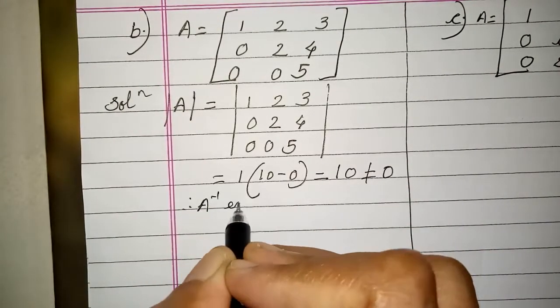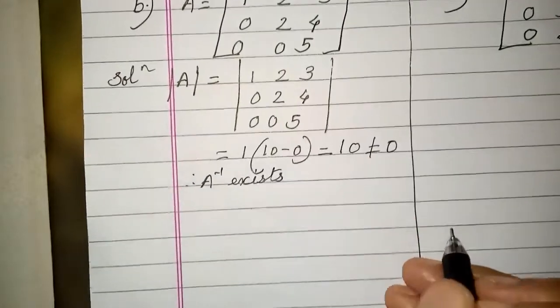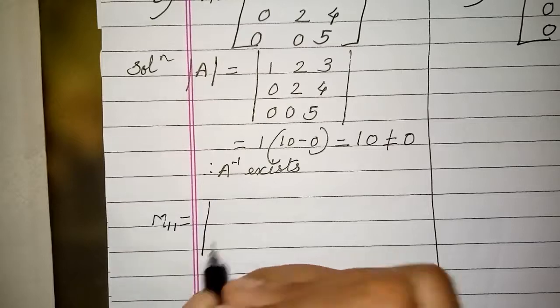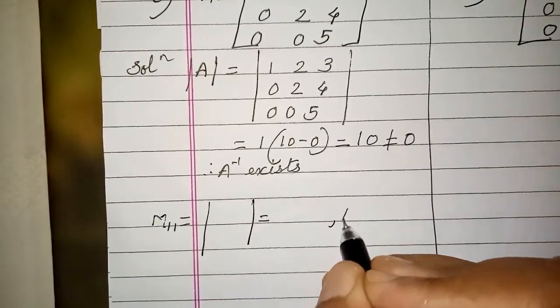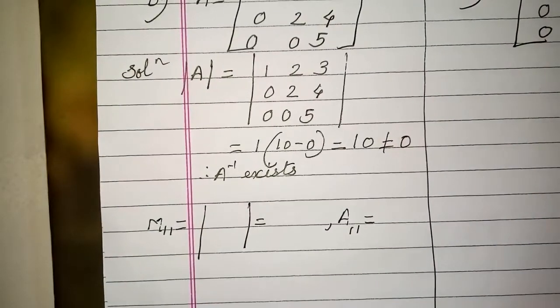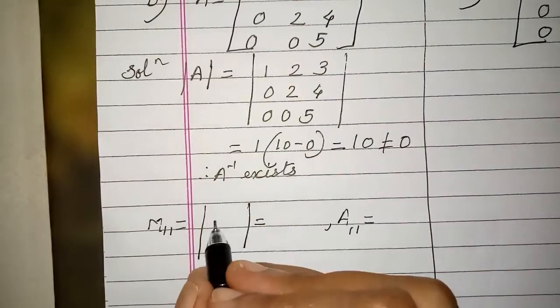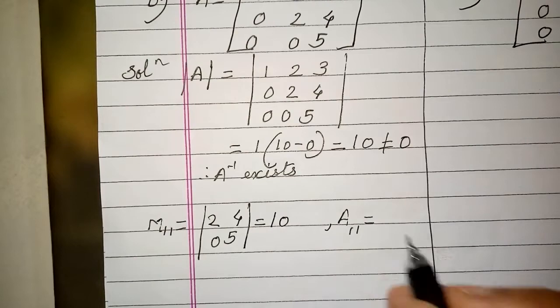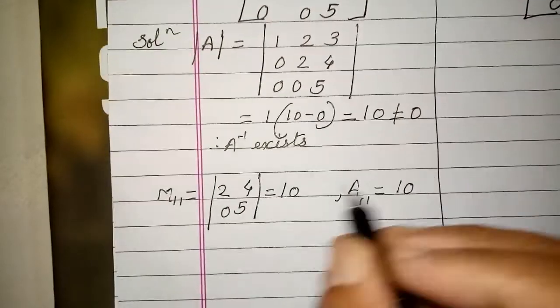Therefore A inverse exists. Now let us find what is M11. I think A11 we can write directly. First row, first column, so it is 2, 5, 4, 0. So 2 5s are 10. Position is positive, so 10.